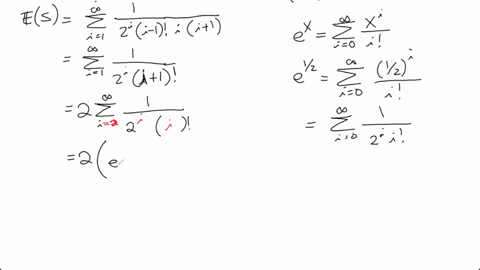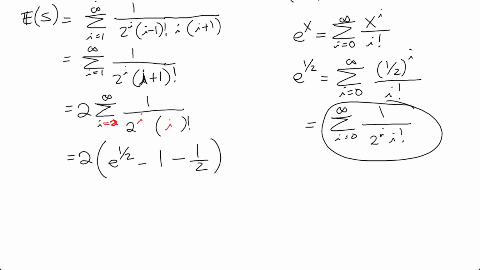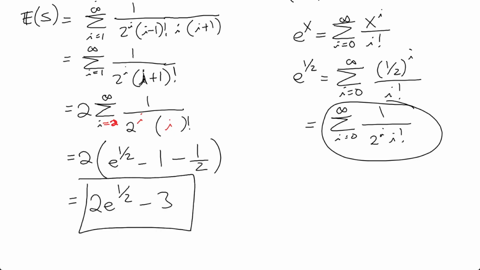This sum is e to the 1/2 minus whatever the first 2 terms are in this power series, since we're not going to include i equals 0 or i equals 1. When i equals 0, the summand is just 1, and when i equals 1, we get a half. When we distribute finally, we get this, and that's the expected value of S.